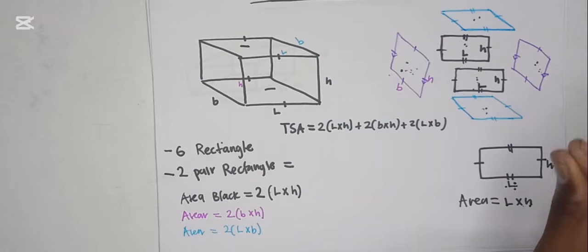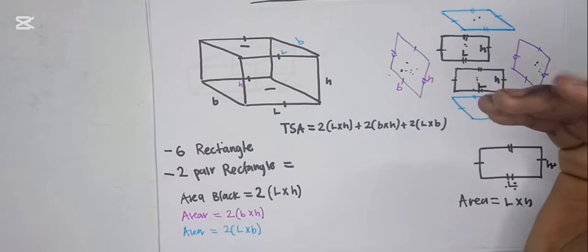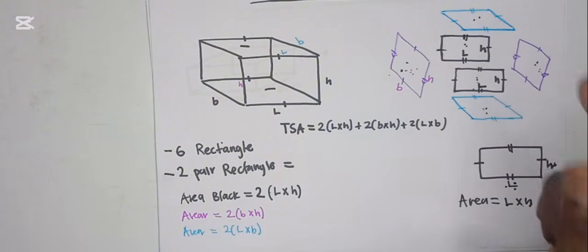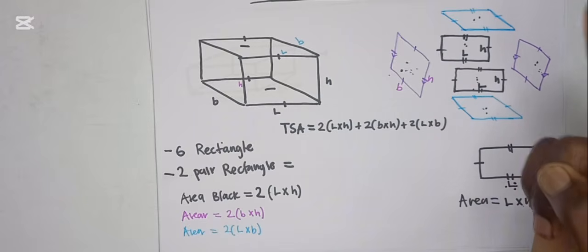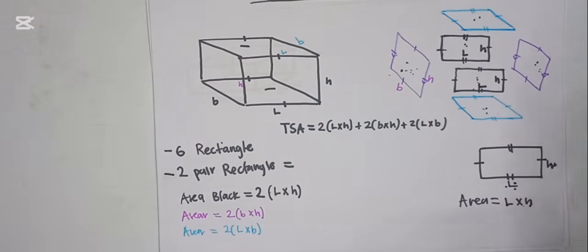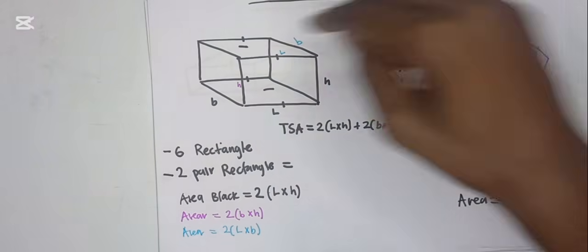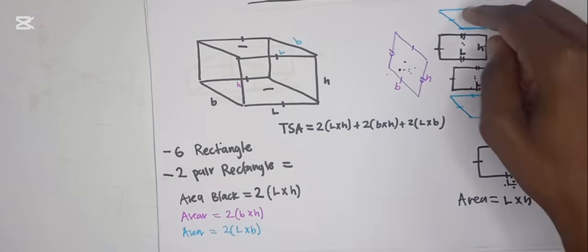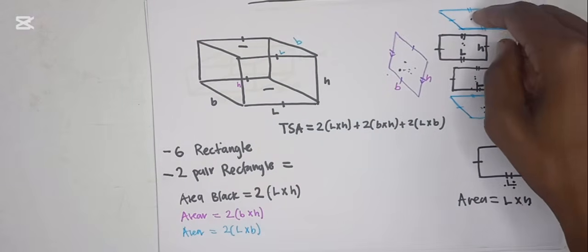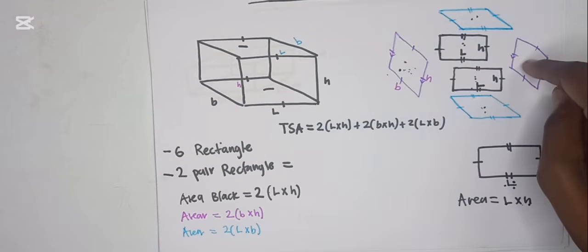What I want you to take away from finding the area of a rectangular prism is that a rectangular prism consists of 6 rectangles. Of those 6 rectangles, two pairs are equal, which I demonstrated here. The front part and the back part are equal. The bottom and the top one are equal. The left and right are equal.